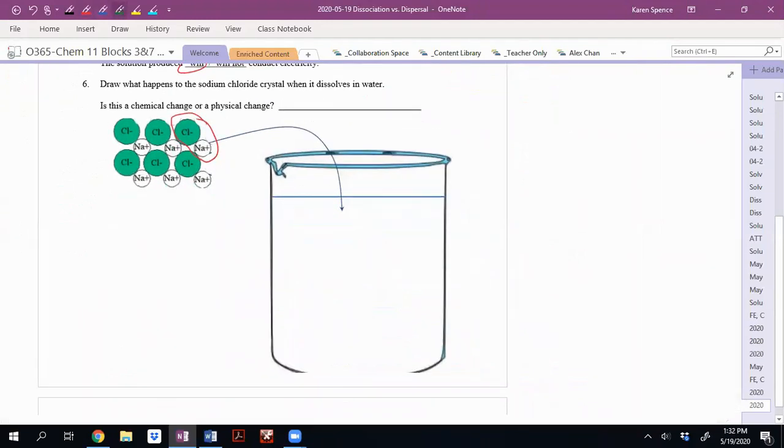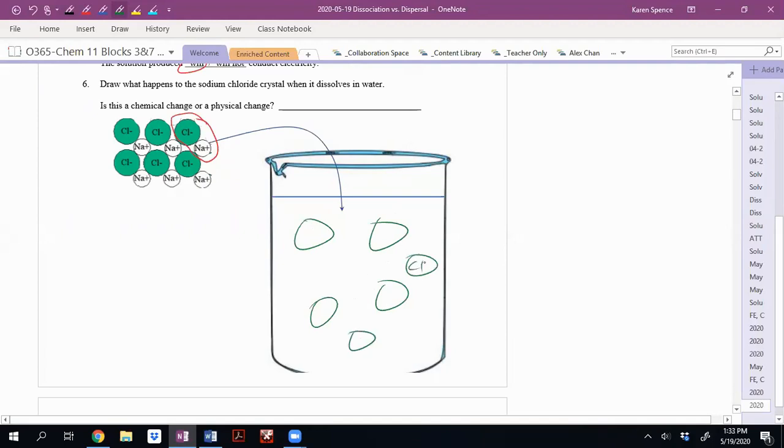I'm splitting them apart, right? So I should have my chloride ions, 1, 2, 3, 4, 5, 6. And I'm also going to have my 6 sodiums, which are a little bit smaller. I'm just going to label them with a plus because I don't really have room to write sodium in each of them.